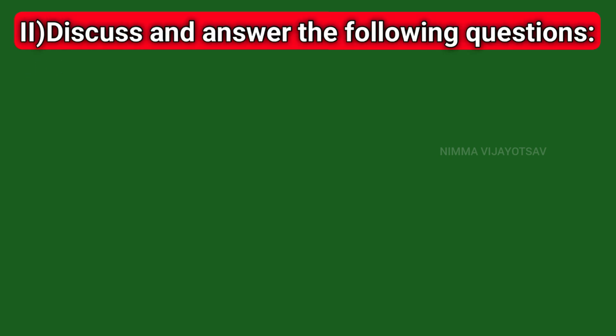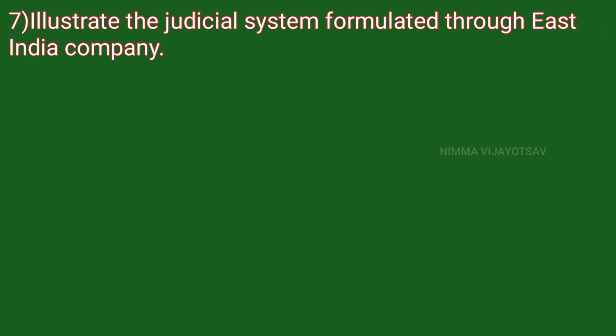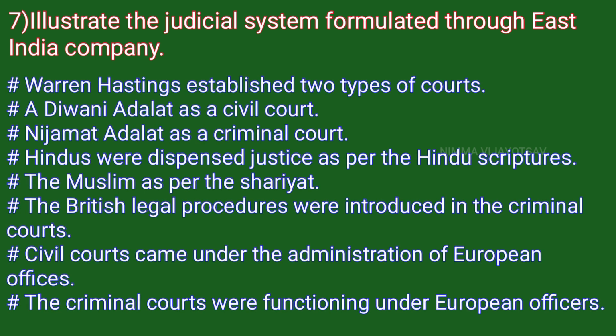Second main question, discuss and answer the following questions. Illustrate the judicial system formulated through East India Company. Warren Hastings established two types of courts, a Diwani Adalat as a civil court, Nijamat Adalat as a criminal court.